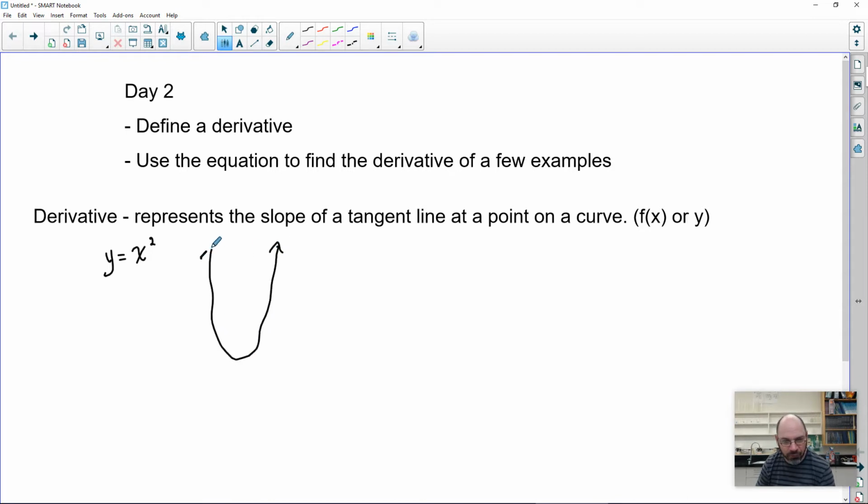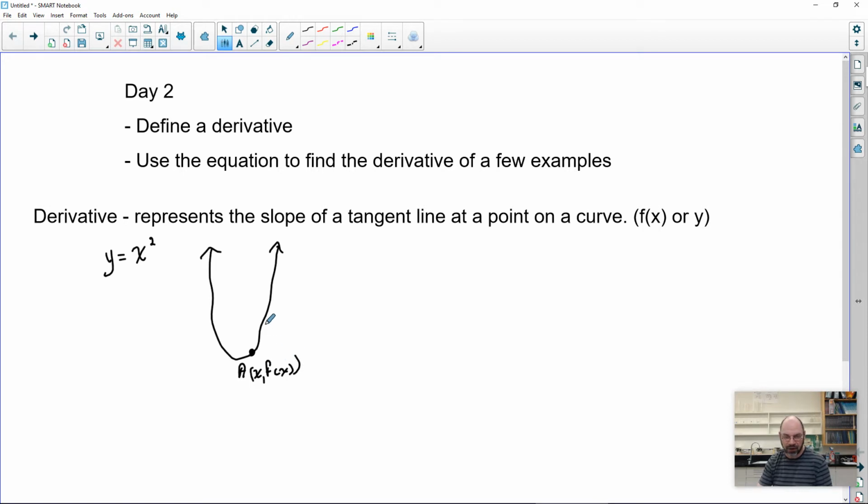Now, if we were to take 2 points, let's say we want to get it at point A here, and this is x and f of x, which can equal y as well.